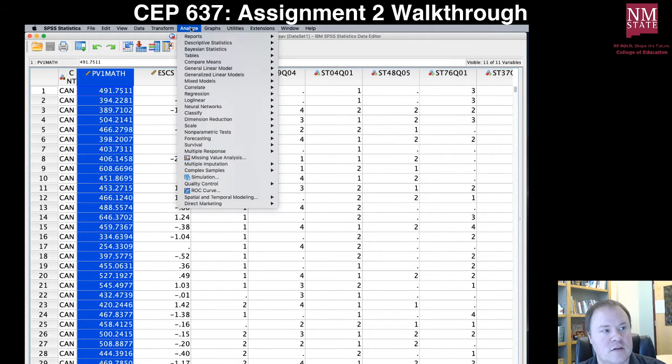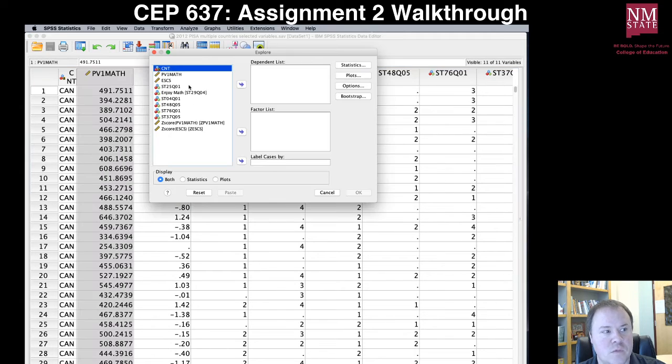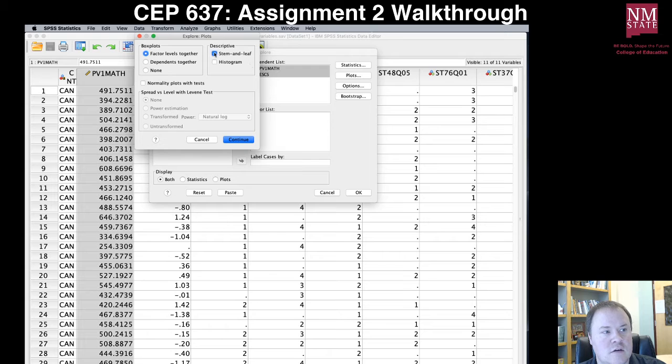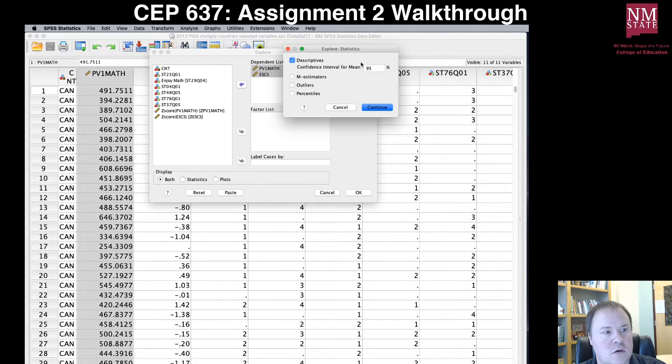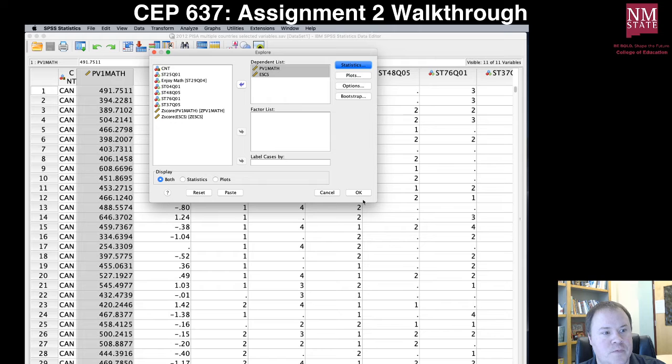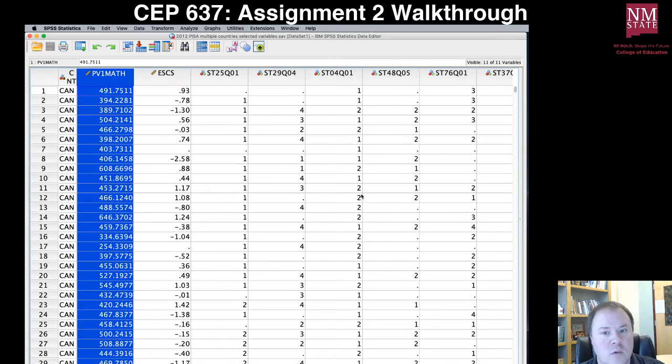And now let's examine whether or not the data are normally distributed. So let's go to Explore. We can put both PV1 Math and SES in the dependent list. Let's go ahead and grab histogram, normality plots. And that looks okay. All right, let's see what we get.